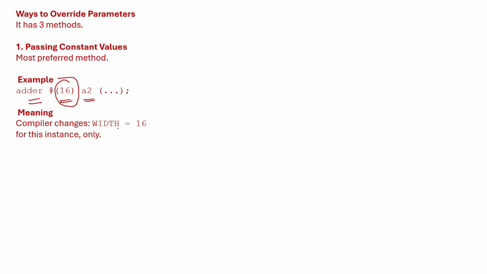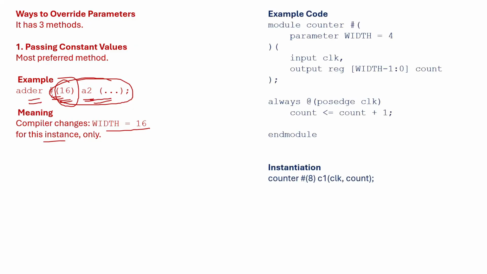That means the compiler changes the width to 16 for this instance only. So whatever instance you are taking, a2 for example, for that instance only it changes the value. So that is one method, passing constant values.